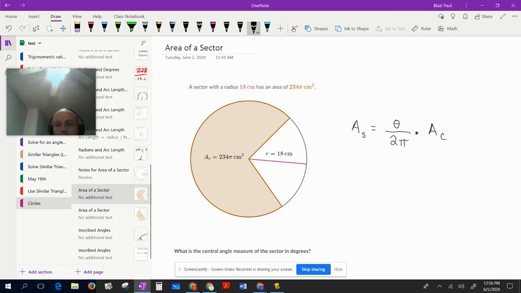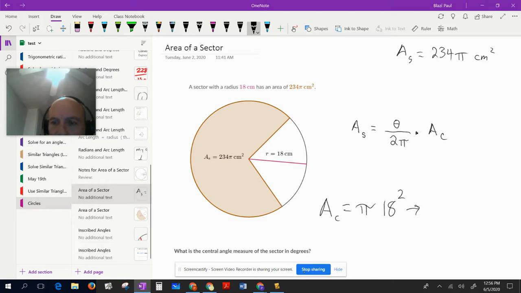Okay? So I need to find the area of the entire circle. It's giving me A of S. A of S equals 234 pi centimeters squared. I need the area of the entire circle. This is pretty simple. It's pi times 18 squared.